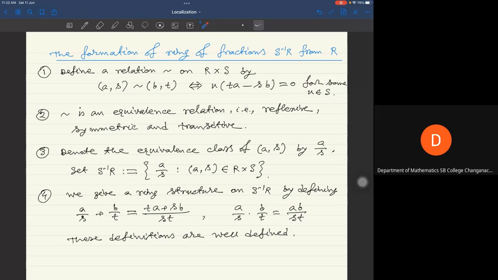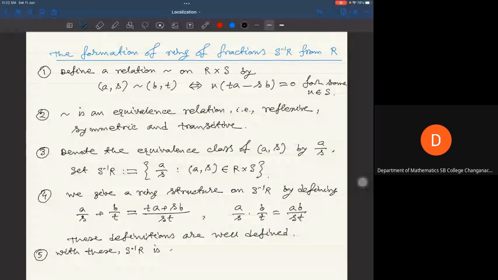So with these operations, S inverse R is a commutative ring with identity.